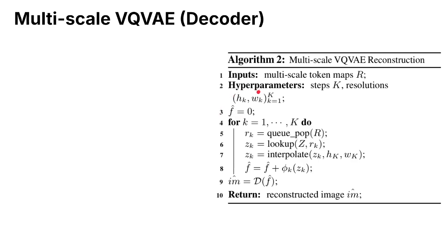And first of all, our feature space will now only contain zeros, right? It's just nothing. For each of the resolutions, first we will look up the token map, and then we will generate the feature space, and then we'll interpolate, and then instead of subtracting, we're going to add the phi.